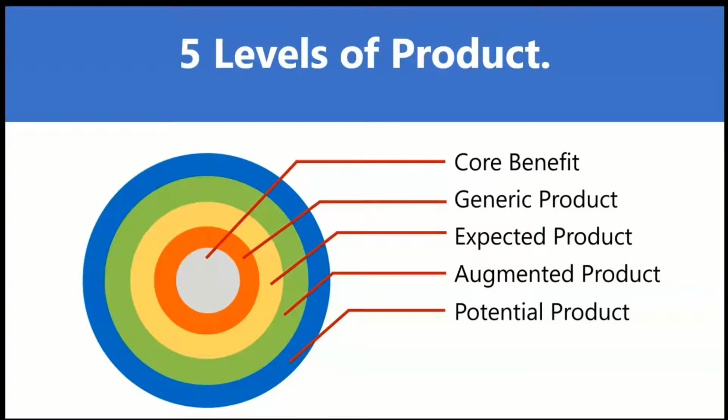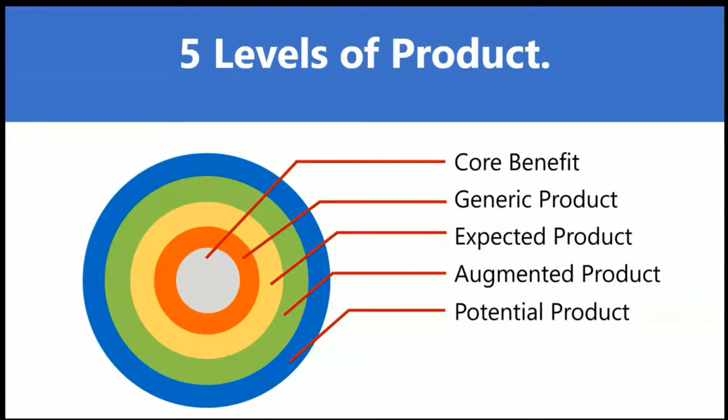Then let's talk about the expected product. The expected product level is a set of attributes or characteristics that buyers normally expect and agree to when they buy or purchase a product. So if you're buying a product, then you expect something from the product.